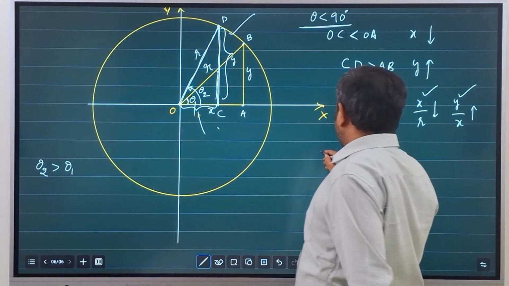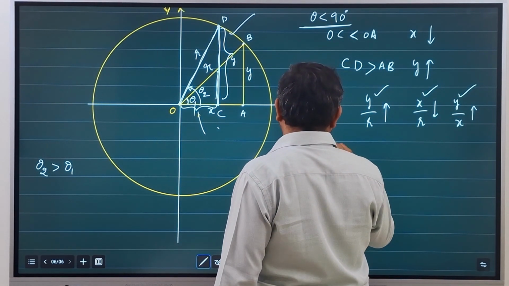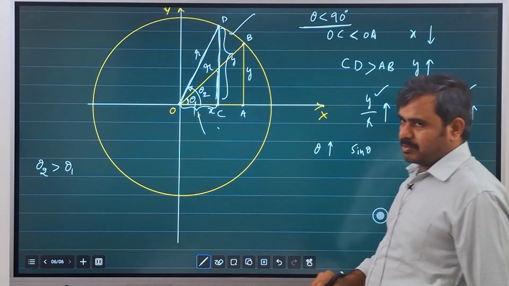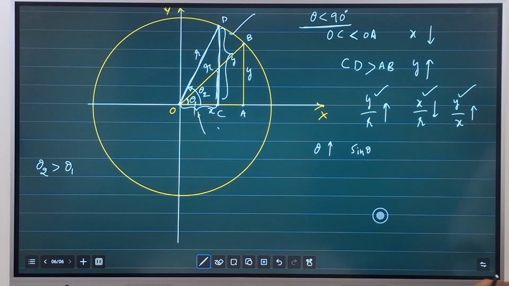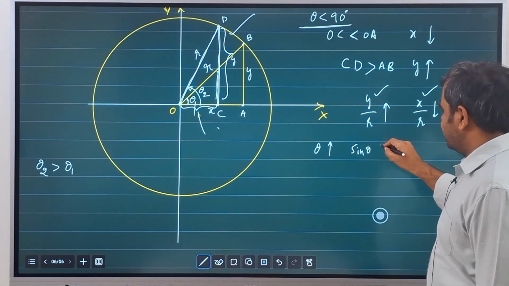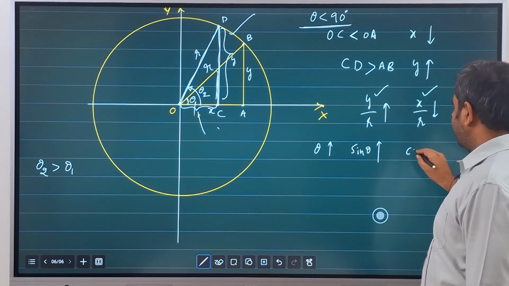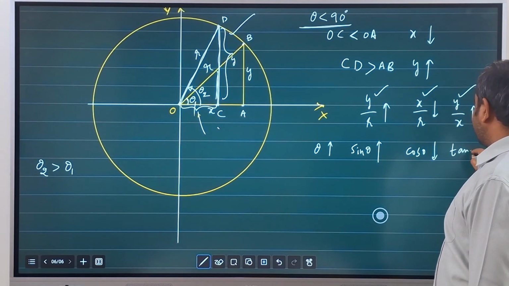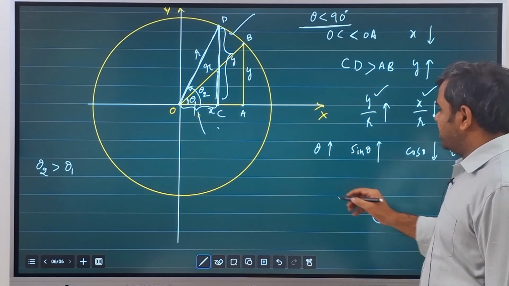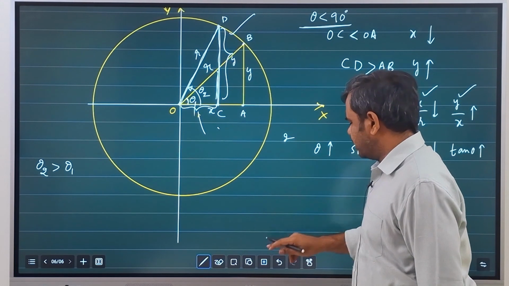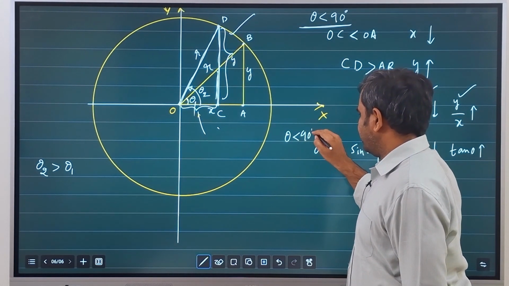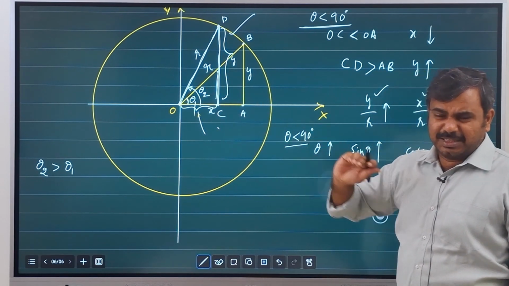It means as theta increases, y by r, which means y divided by r, is sine theta. Now we are calling this ratio by the name sine theta. Sine theta increases, cos theta decreases, and tan theta increases. This is when theta is below 90 degrees. This is what we observed in this example.